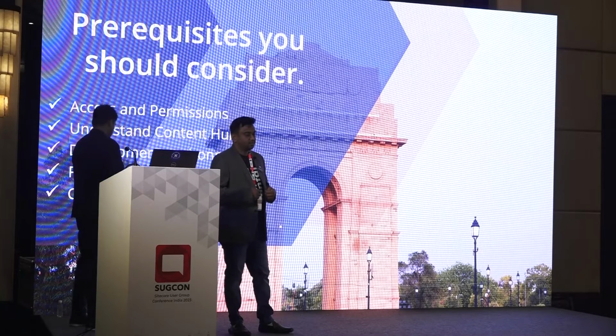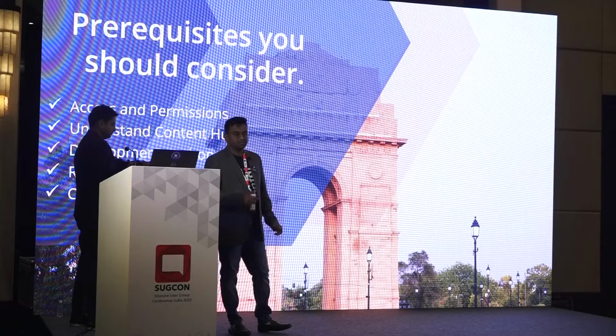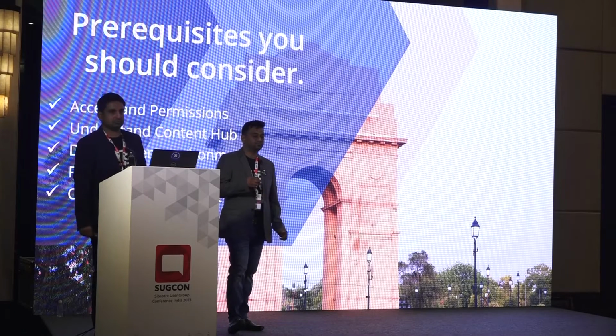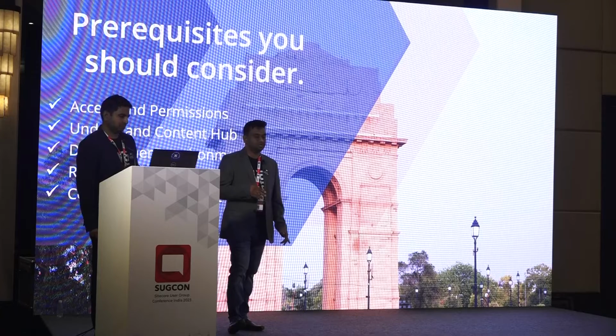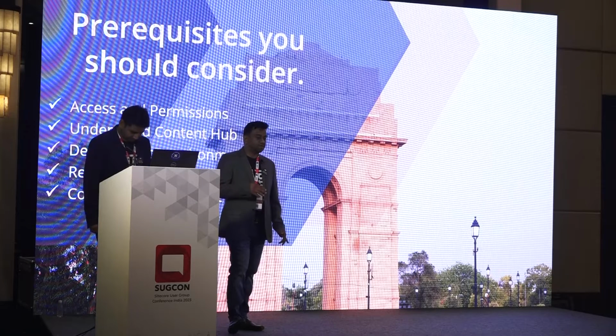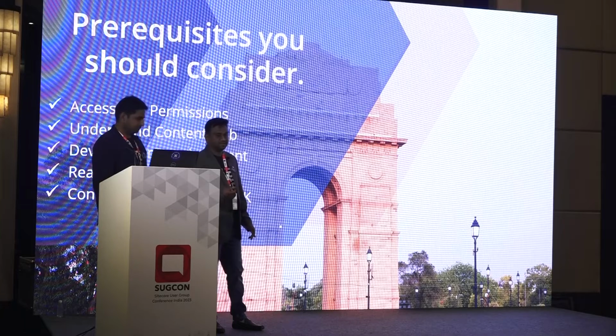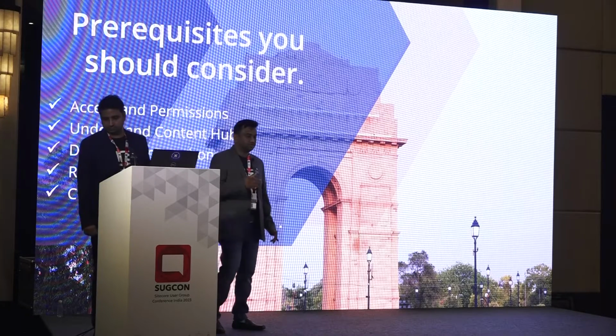Another point is an understanding of Content Hub. You should have a basic knowledge of Content Hub, where to configure that component and where the portal asset should be uploaded. And then the development environment. I will explain the setup in detail in the next slide. So that's something we need to take care of.